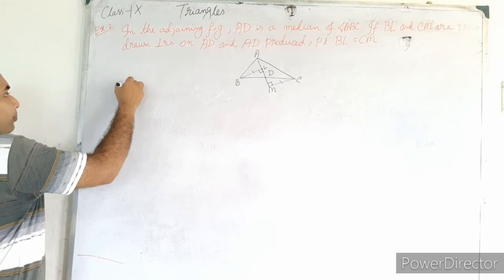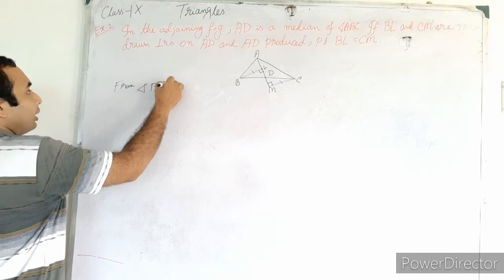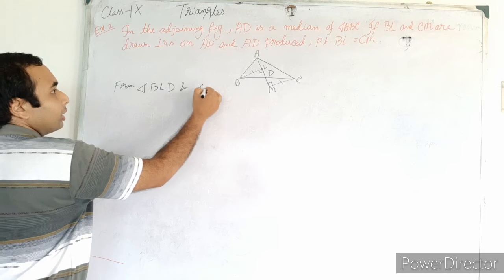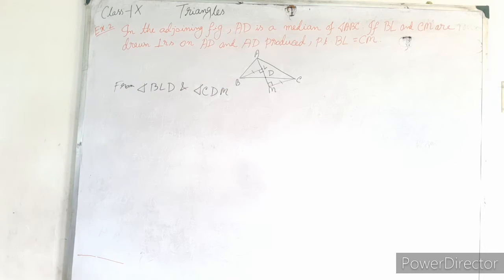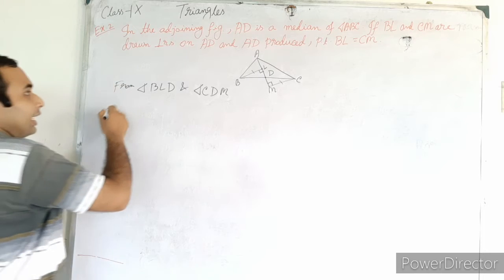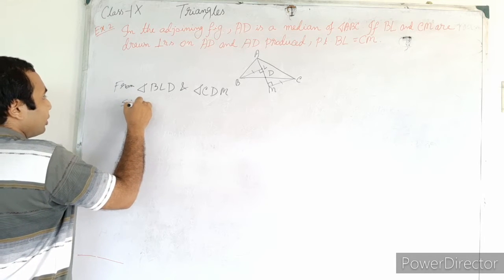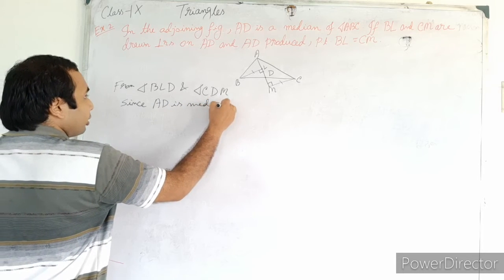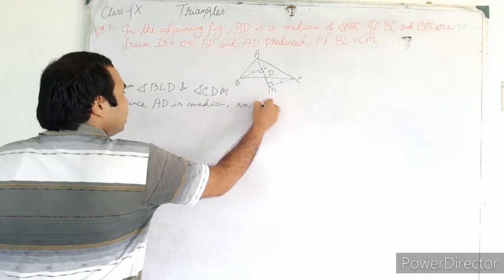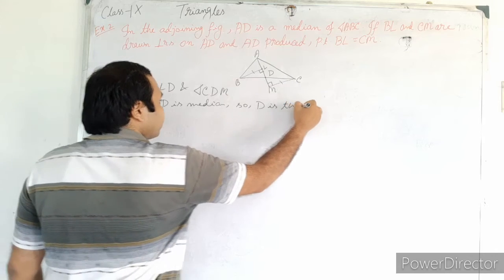So from triangle BLD and triangle CDM, those two triangles are there. Okay. Since AD is the median, D is the midpoint.